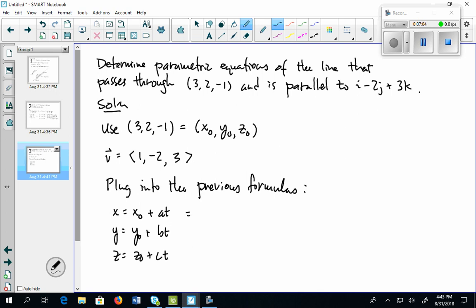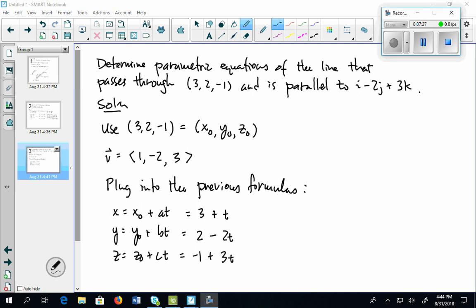So we have 3 as the x naught point plus 1t, which I'll just write as t, and then 2 is the y naught, plus minus 2t, and then we have -1 plus 3t.